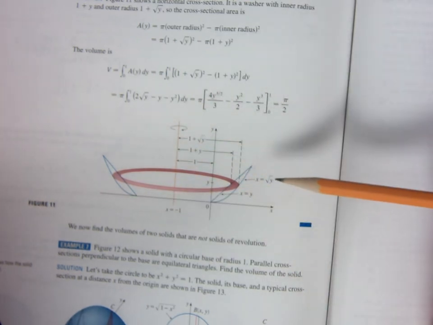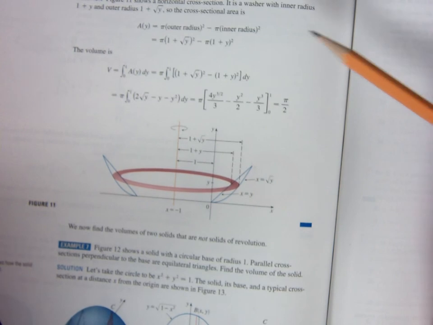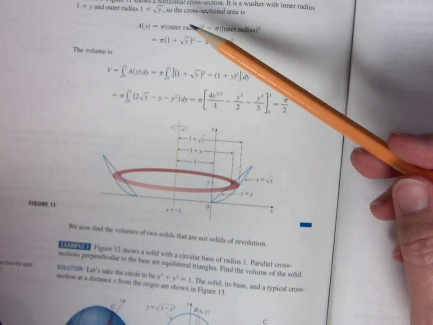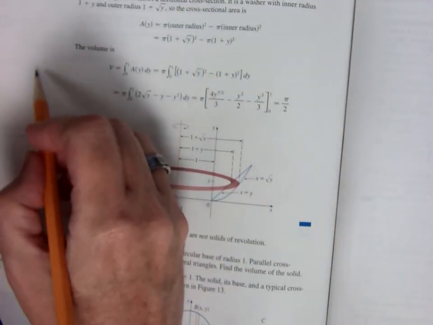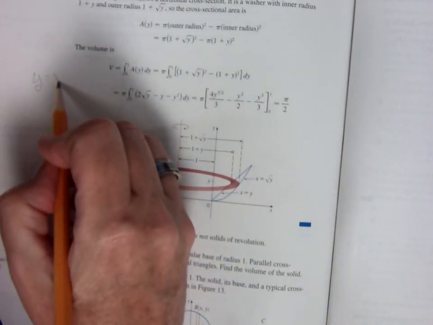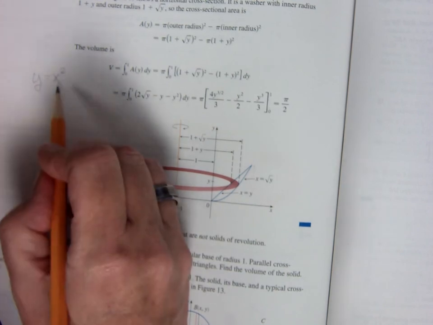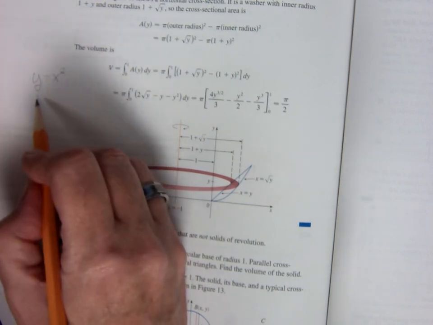So I have to solve for x and describe my values in terms of y. When I do that, I have y equals x squared was my parabola. If I'm going to solve for x, then I'm going to have x equals the square root of y.